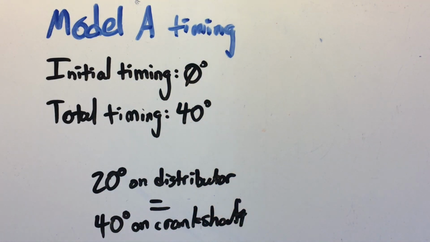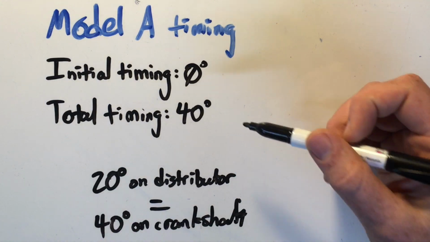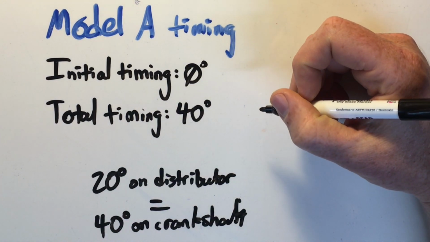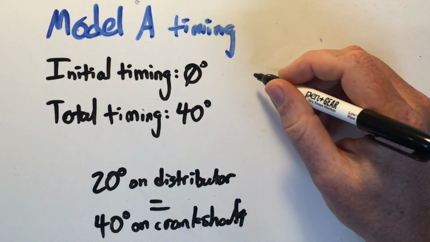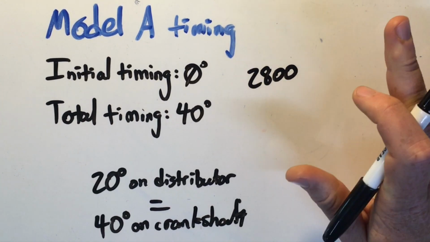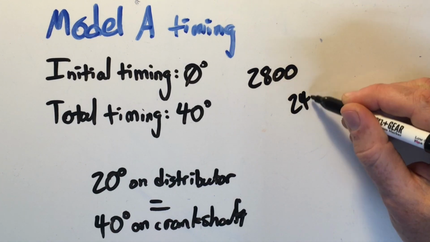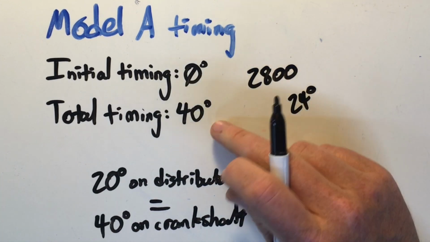Now, if you're familiar with cars from the later 30s and 40s, you'll know that the total timing number we're talking about here is really high, right? Those later 30s cars, at 2,800 RPM, which is the fastest you'd ever run a Model A, would be doing about 24 degrees advance, not 30, certainly not 40.